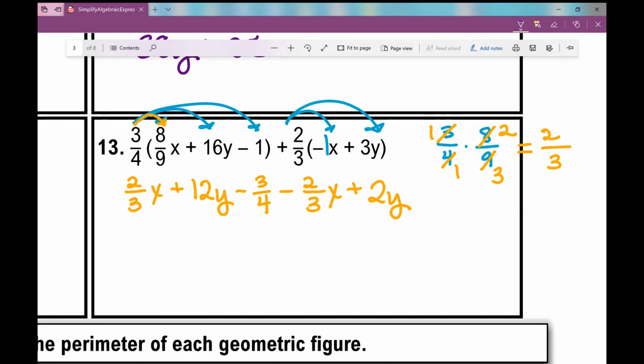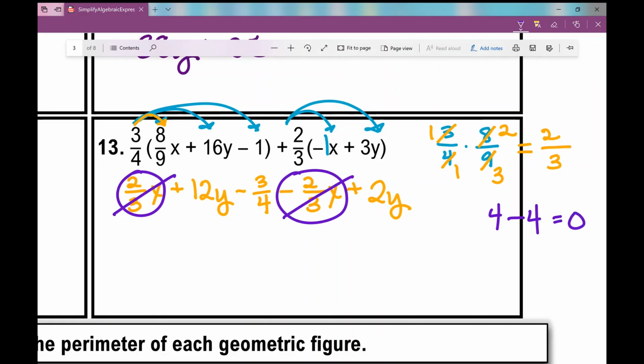Now we can combine like terms. So the first thing I notice is 2/3 x and negative 2/3 x. Well, if I'm combining a positive and a negative of the same amount, they actually just cancel each other out, right? Think about 4 and negative 4. 4 minus 4, what do I get? I get 0. That's why I'm just crossing those out, because 2/3 x minus 2/3 x is 0.